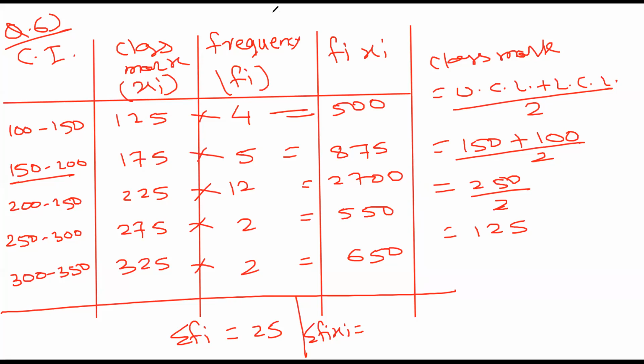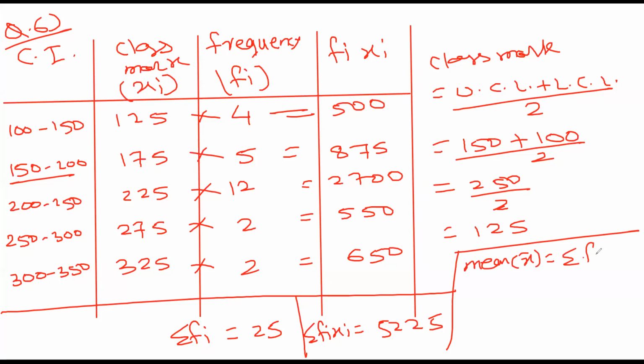Sigma fi how much is it? 5225. So we are going to use the direct formula, mean, that is x bar is equal to sigma fi xi upon sigma fi directly. So x bar will be 5225 upon 25. How much is it? Tell me.